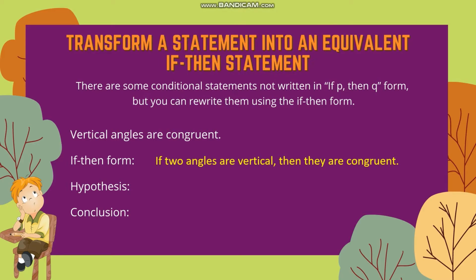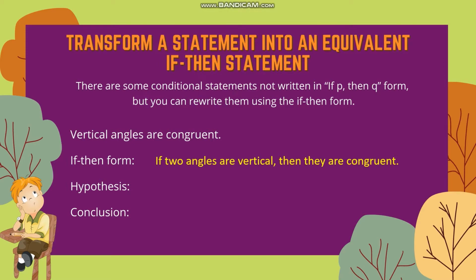So, parehas lang ang ibig sabihin niya doon sa original statement, transform lang natin sa if-then form. Okay? So, pwede tayong magdagdag ng words as long as yung thought or yung message ng original statement natin ay parehas lang.